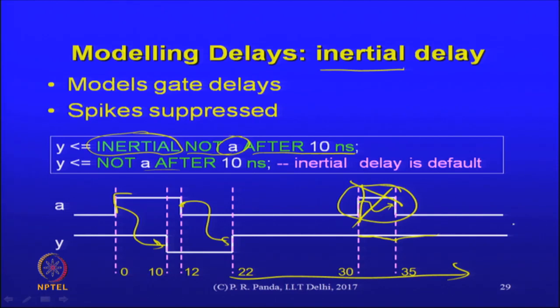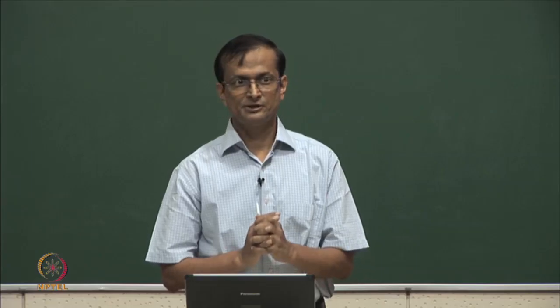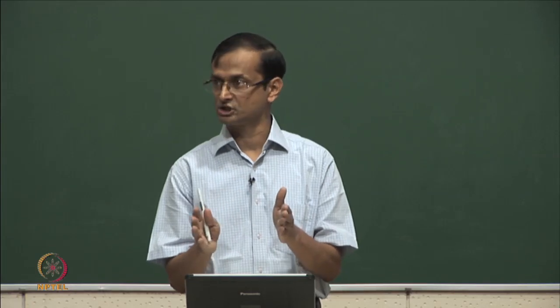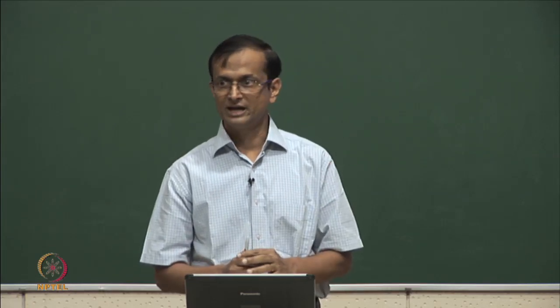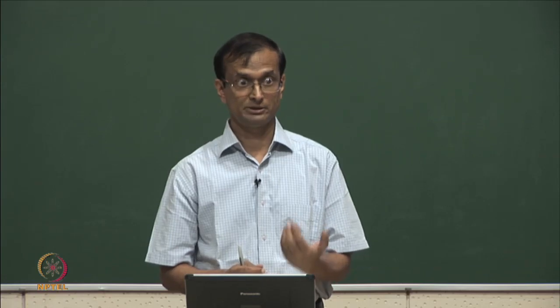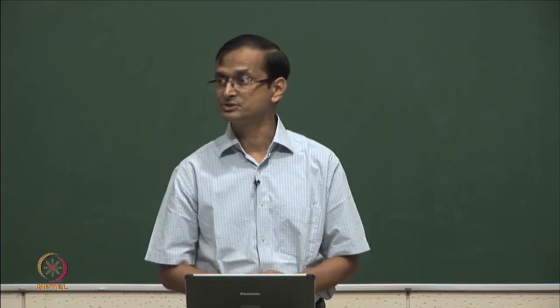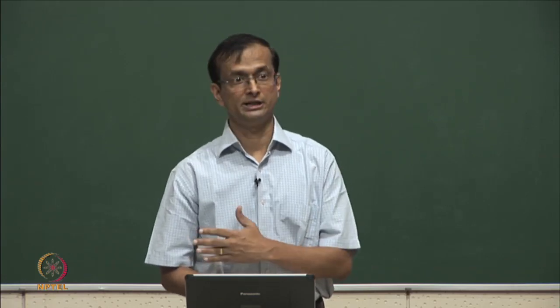So, nothing happens on the output, that is how the inertial delay works. It is an approximation to what the actual waveform would be, but informally the way we understand this is that there is a delay specification for a function in our model, and if the input is changing too soon, before that much time has elapsed, then nothing shows on the output.